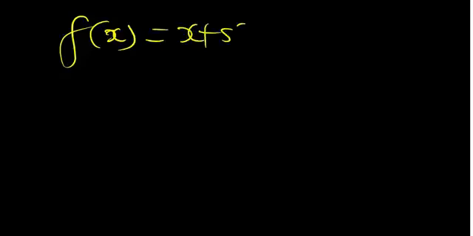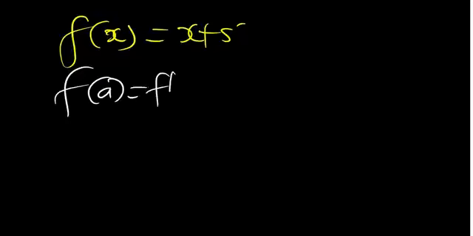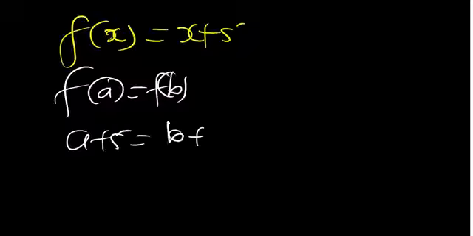Let's say we have a function which is f of x is equal to x plus 5. Let's see if this function is one-to-one. So a function is said to be one-to-one if f of a is equal to f of b. Okay, so what it means is that in the first part where there is x, I'm going to put a, so it's going to be a plus 5 has to be equal to b plus 5.